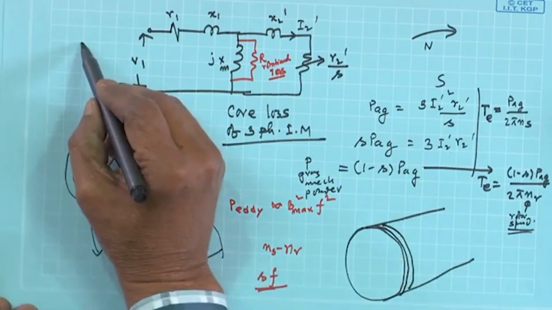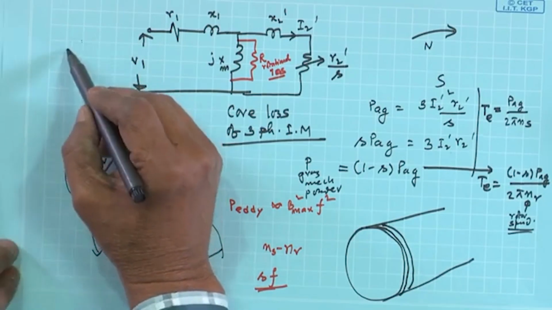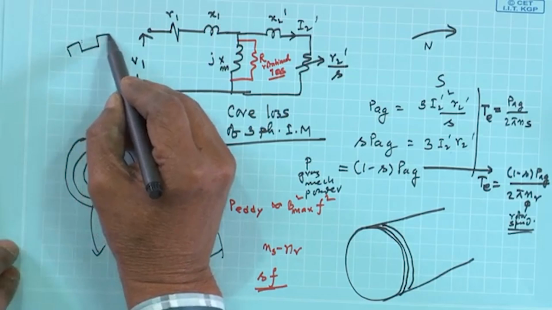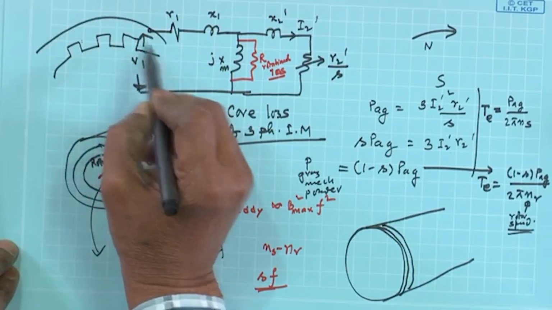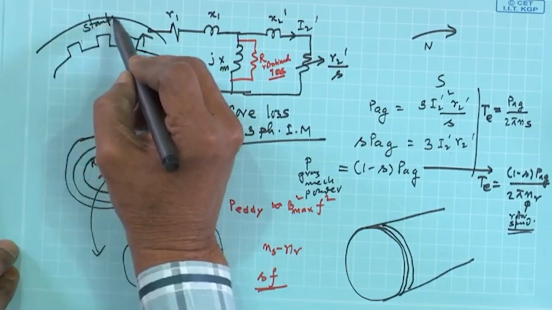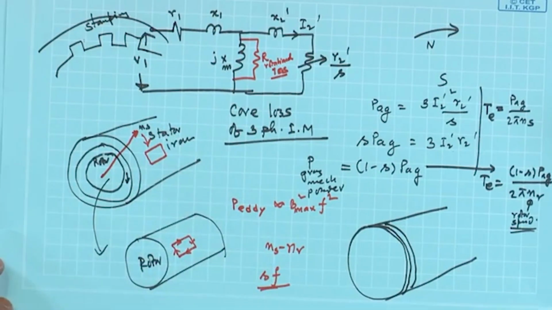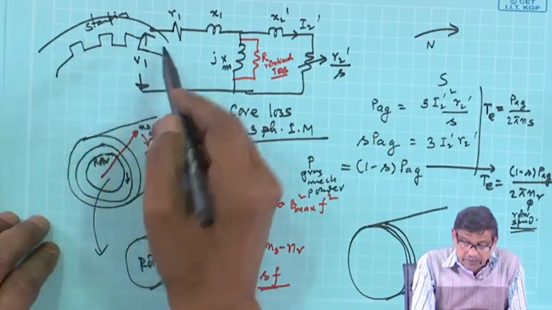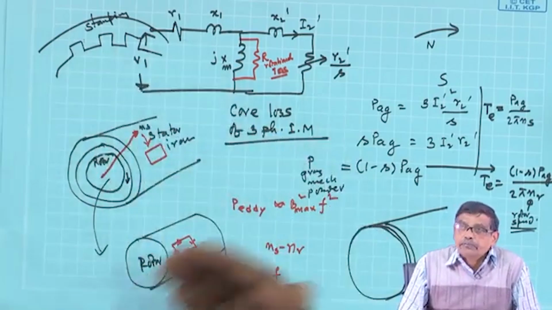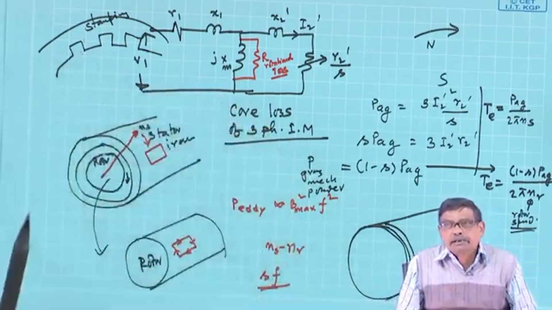For example, for a stator block like this, stator iron, these are called stampings, thin plates, few millimeter thickness, flat plates like this. So, thin slotted circular plates you take, which are insulated from each other by a varnish coating and stack one above the other to get the length of the machine.